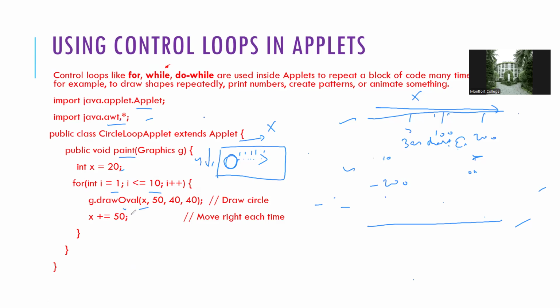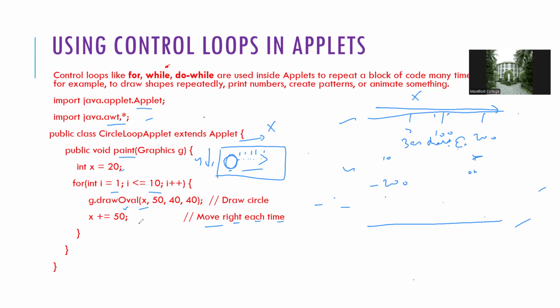So we are jumping the x value from 0 to 50, 50 to 100, like that we are jumping x. So we are changing the value of x from 0 to 50, 50 to 100, like that. Because the object has to move towards the right, it moves right each time.